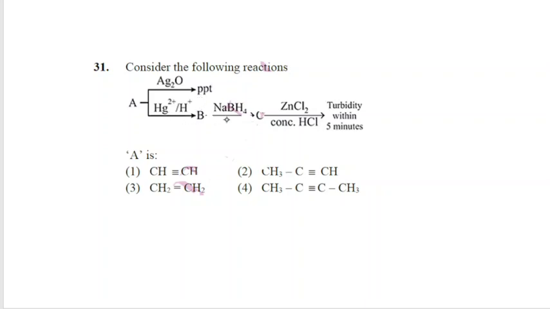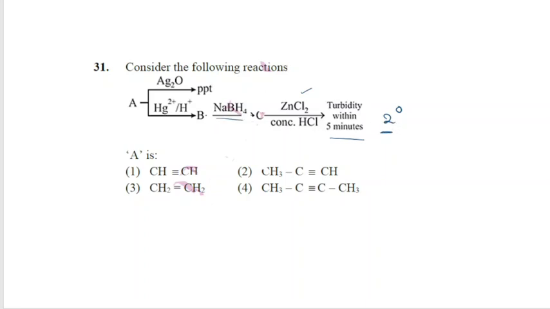And here in this particular question, the clue is the Lucas reagent turbidity within 5 minutes. With this Lucas reagent test, we know that secondary alcohols do not readily give turbidity within 5 minutes, right? So it must be a secondary alcohol.